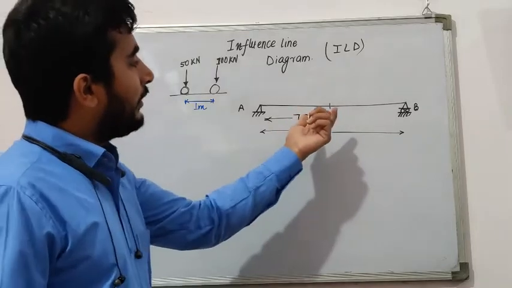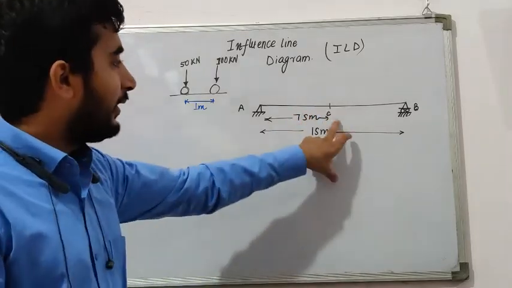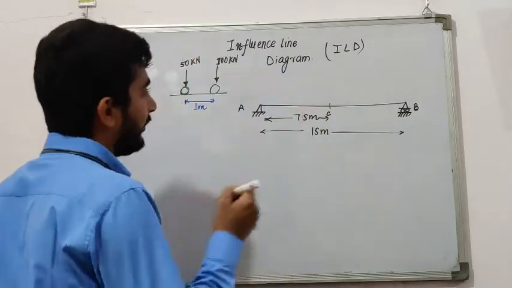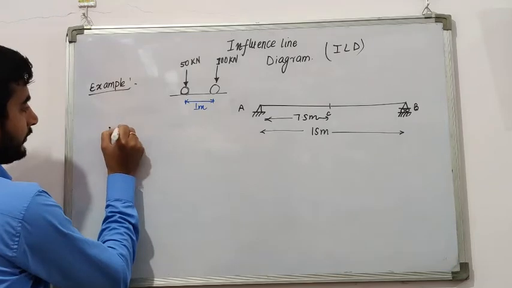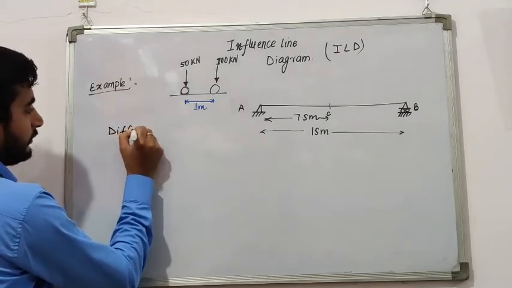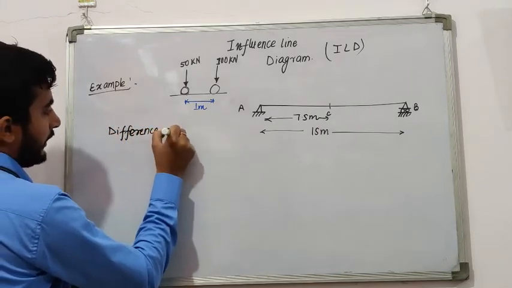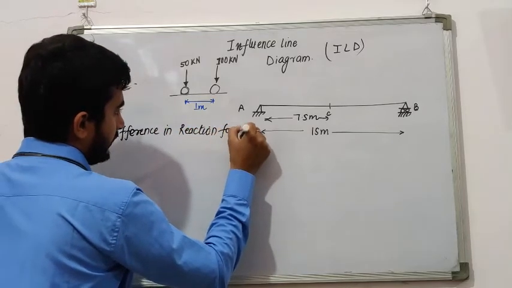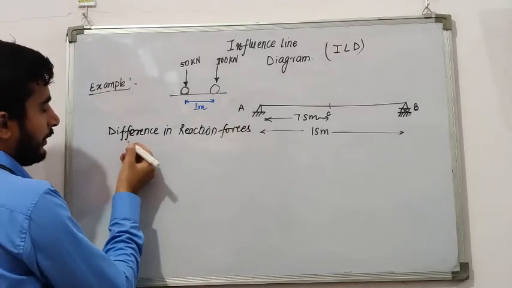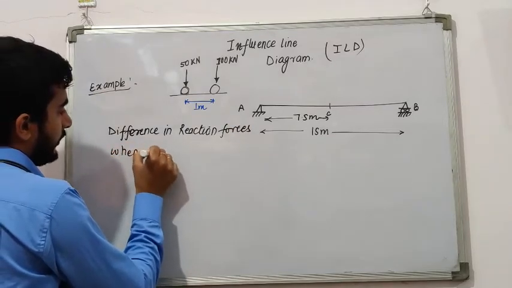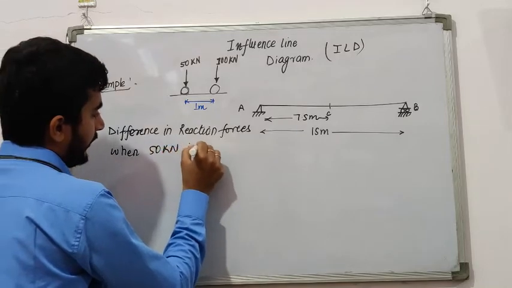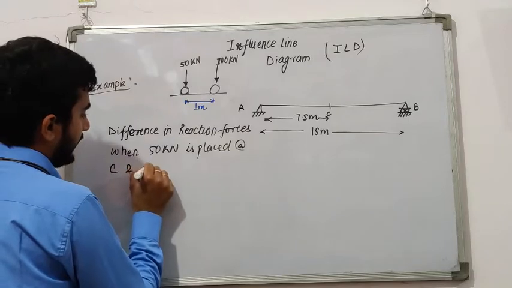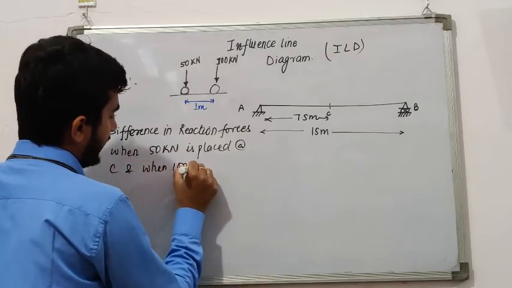On the beam of 15 meter there is a center at 7.5 meter. You have to tell me the difference in reaction forces when 50 kilonewton is placed at C and when 100 kilonewton is placed at C.